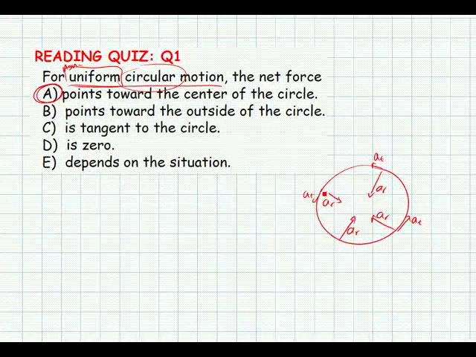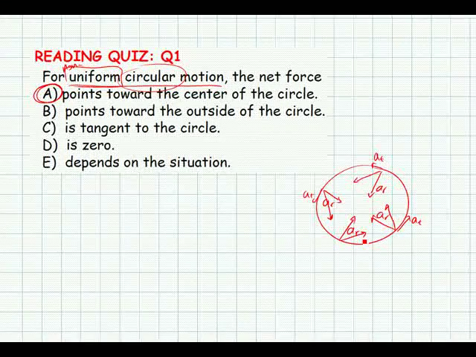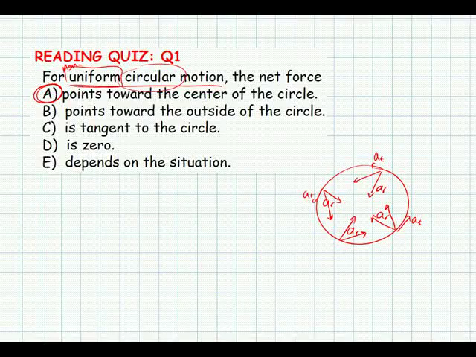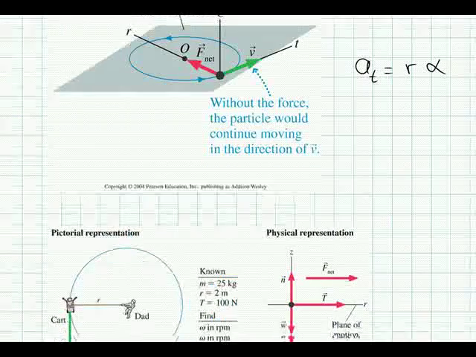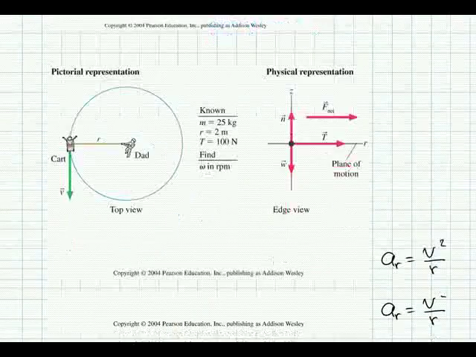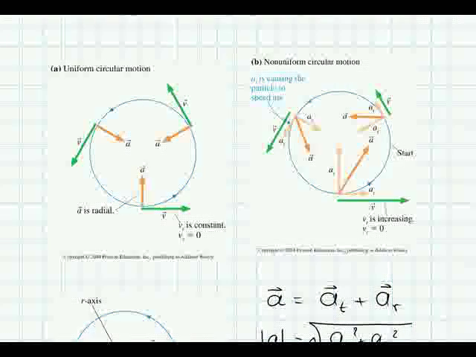So the net acceleration would then be a vector which points at an angle away from the center. I can show this graphically better down here.